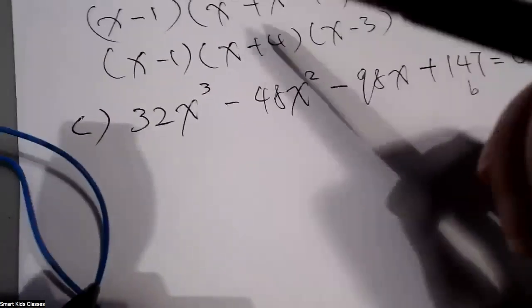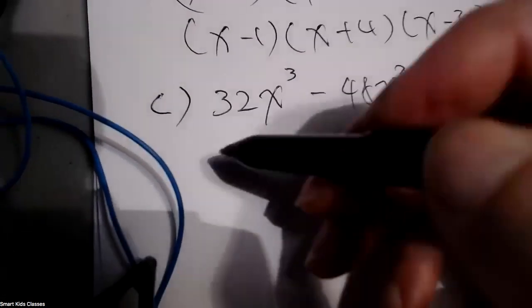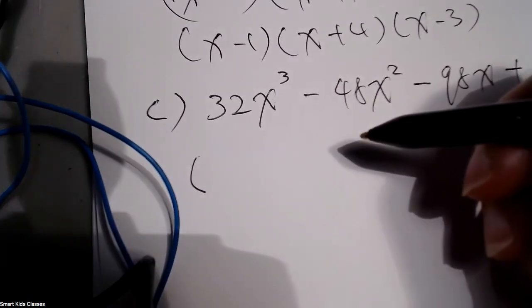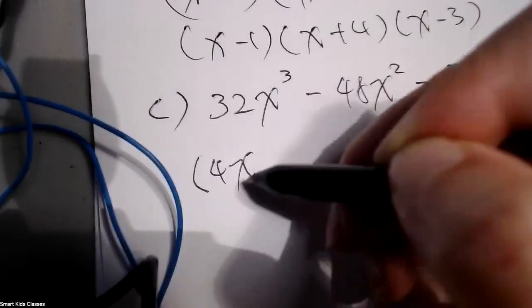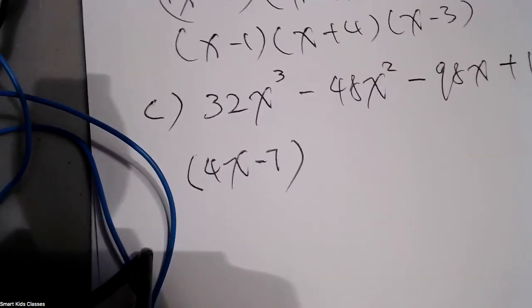It works. So if 7 over 4 works, we're going to write down the factor. The factor will be 4x minus 7.